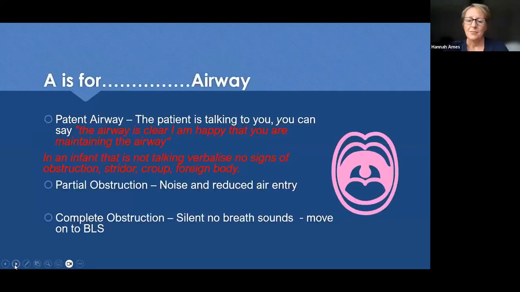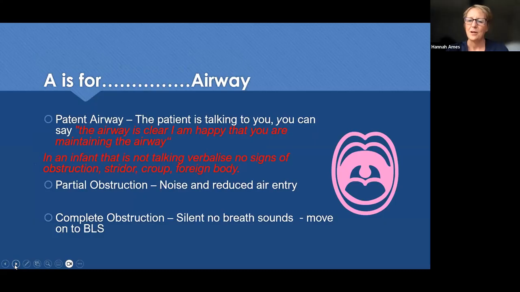I'm going to go very briefly through the A to E assessment. Like I said, this is the NMC marking criteria of what they want for the A to E assessment for the child. It's quite simplistic in terms of child assessment, but this is what is being asked. So A is obviously for your airway.